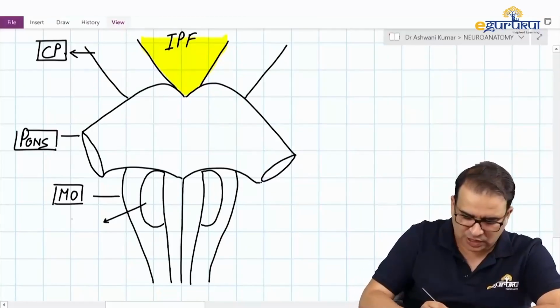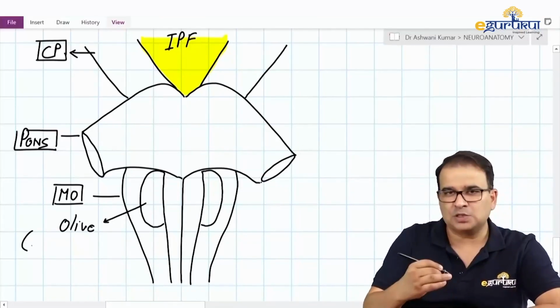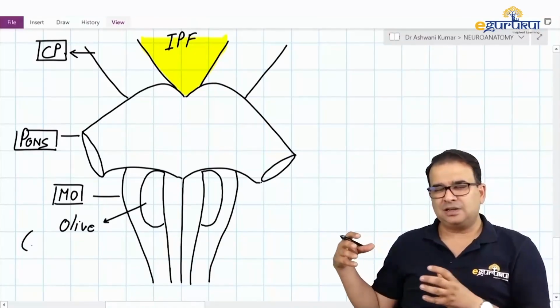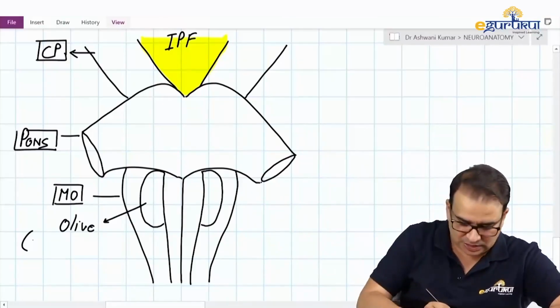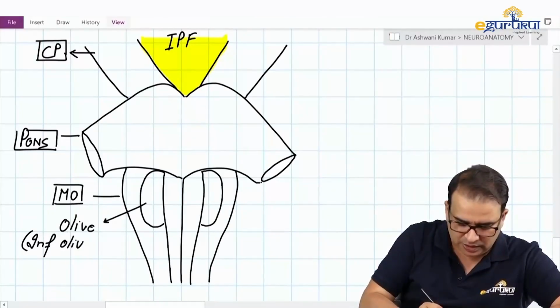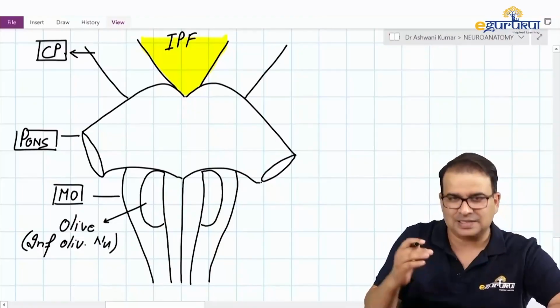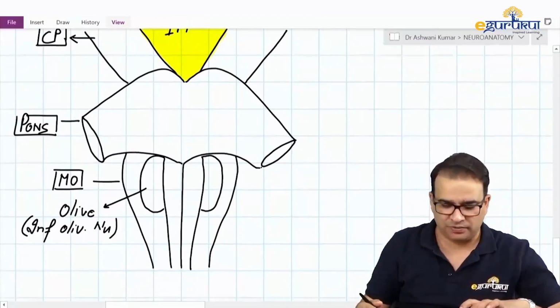Let me label them, just label one side only, guys. This is the olive. The olive is because there is a nucleus deep to it, the inferior olivary nucleus. There's a huge nucleus present inside called the inferior olivary nucleus, and that is the one producing this bulge called the olive.